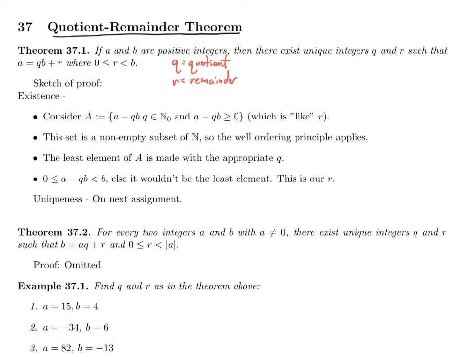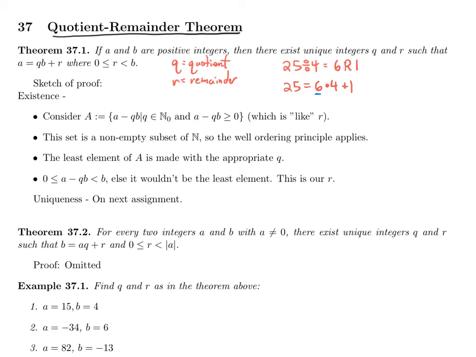Just to make sure we understand what's going on, if I have a problem like 25 divided by 4, I know that 6 4s are 24, so 6, remainder 1. That means I can write 25 as 6 groups of 4 plus that remainder of 1.